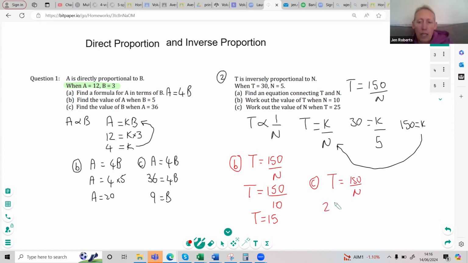This time we're told T, so it's slightly different in the way we rearrange our formula. Don't want N at the bottom, so I'm going to times both sides by N. So 25 times N equals 150. Times this side by N, it disappears, so I need to times that side by N. Divide both sides by 25. The N is 6.